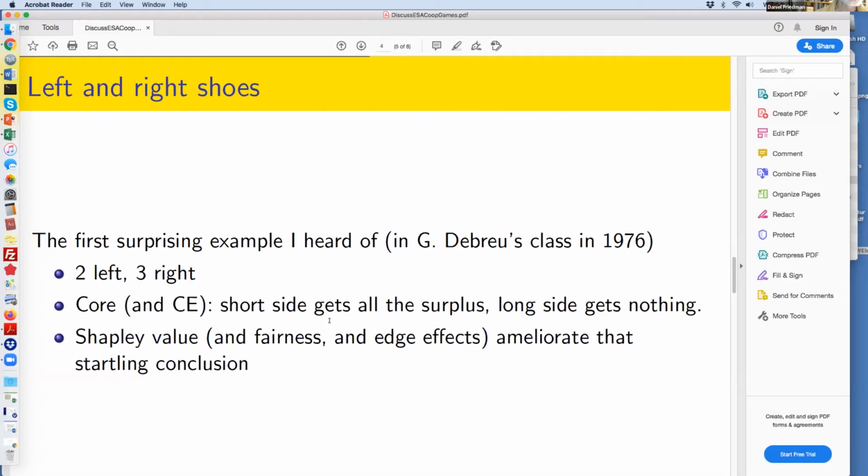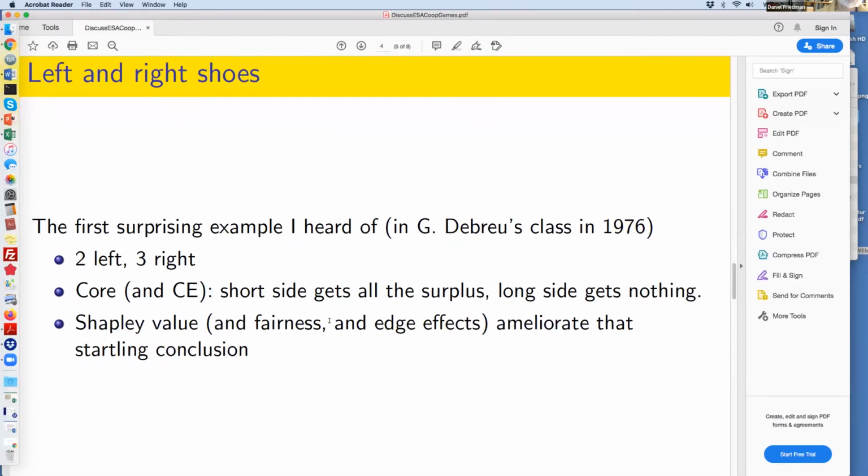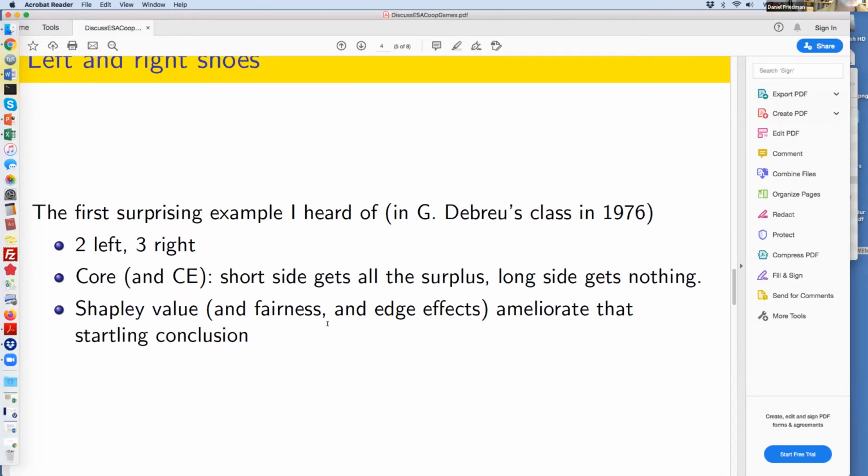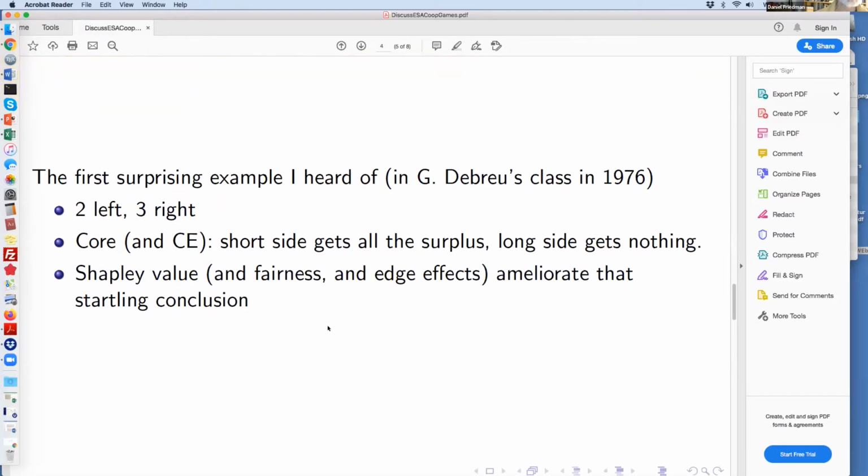And the short side, if you think about the complementarities, in this case, the short side gets all the surplus, the long side gets nothing. Very striking, and the core, and also competitive equilibrium, make that extreme prediction. Whereas Shapley value and a number of other things, including some notions of fairness and just notions of people staying away from corners, could ameliorate that, including Shapley value.